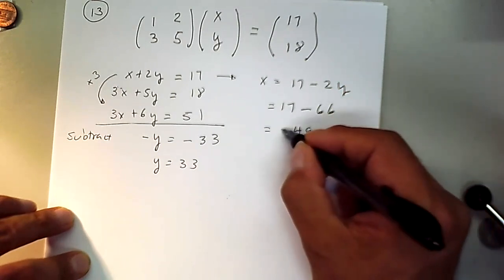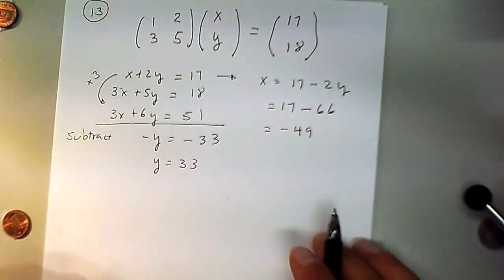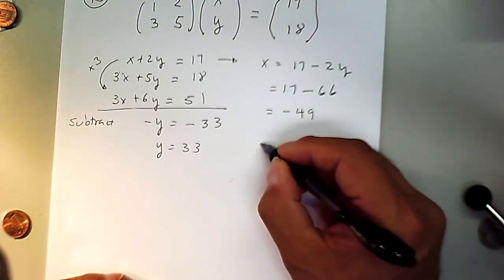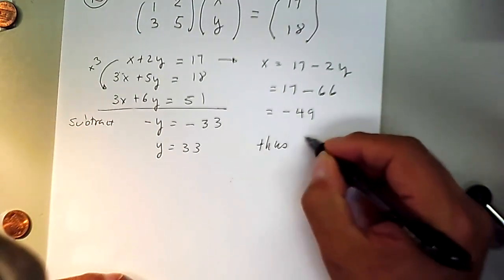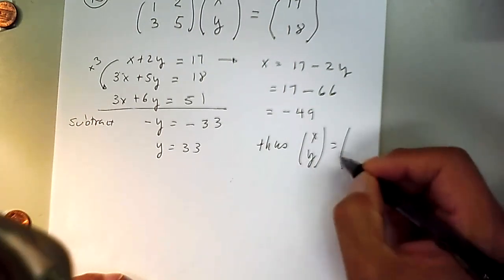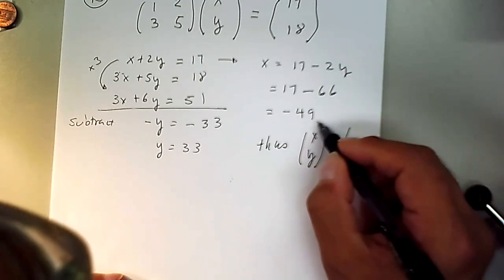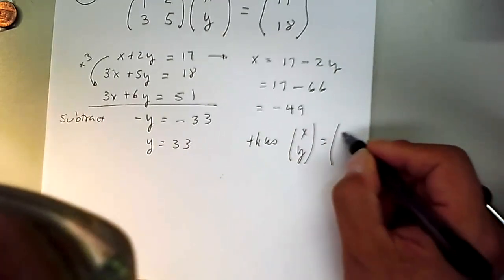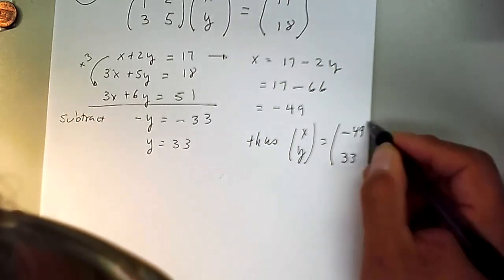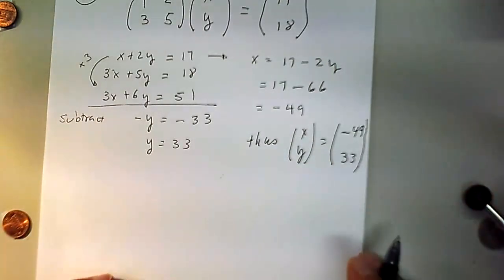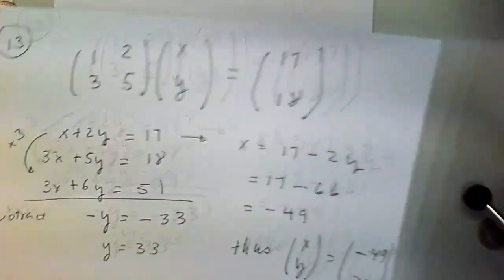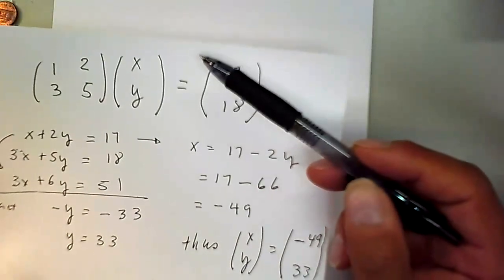And we end up with a negative. Okay. So [x, y] is equal to [negative 49, positive 33]. There we go. So we were able to solve this. We actually gave a solution.